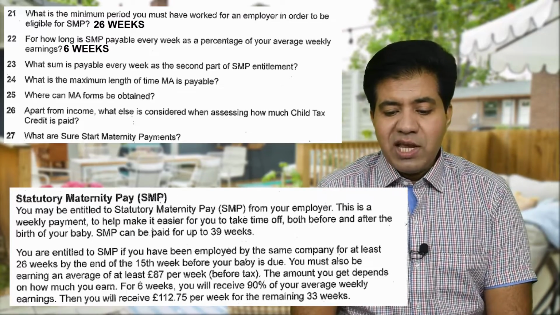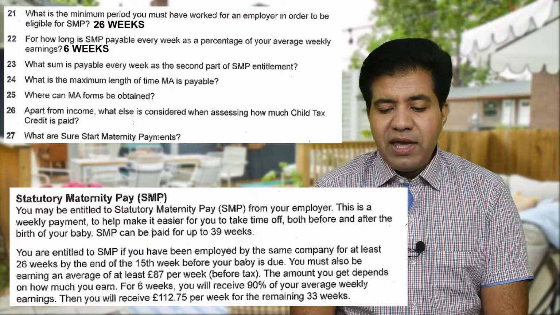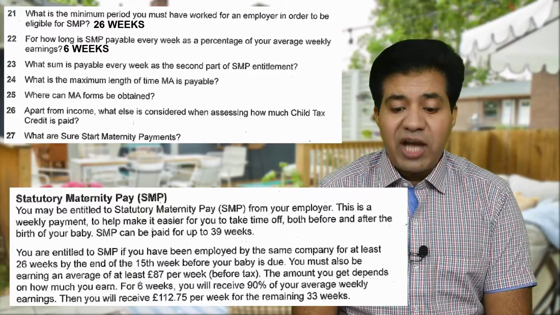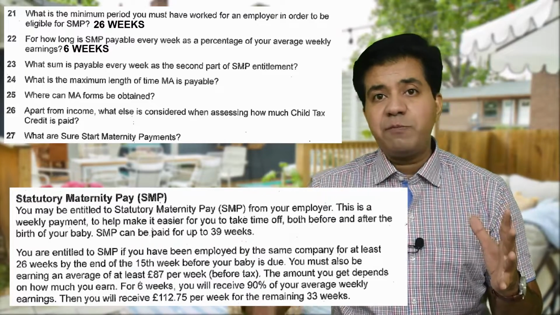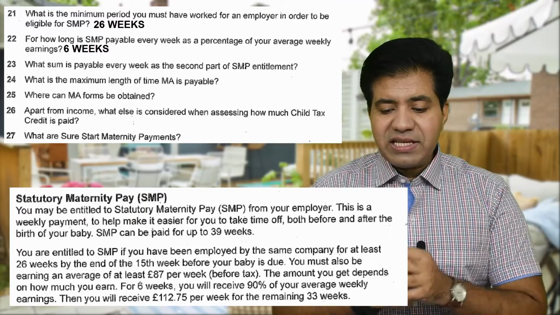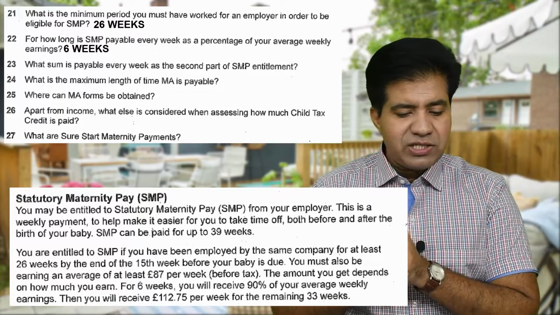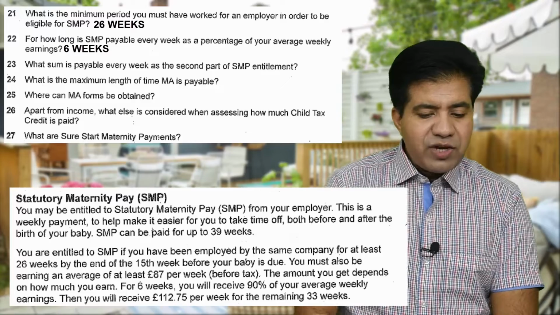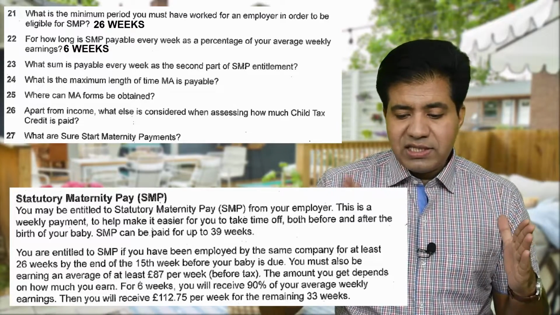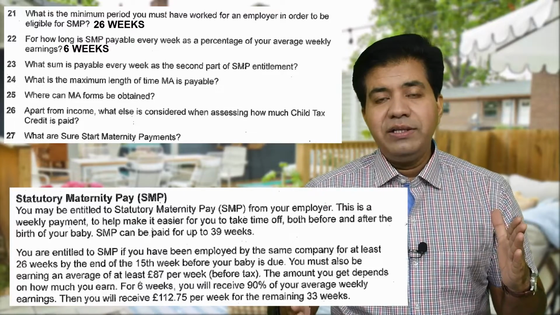The next question is, what sum is payable every week as the second part of SMP entitlement? What sum is payable? Again, it's the amount. Let's read on. Then they say, then, now then and second part, they are the same thing.